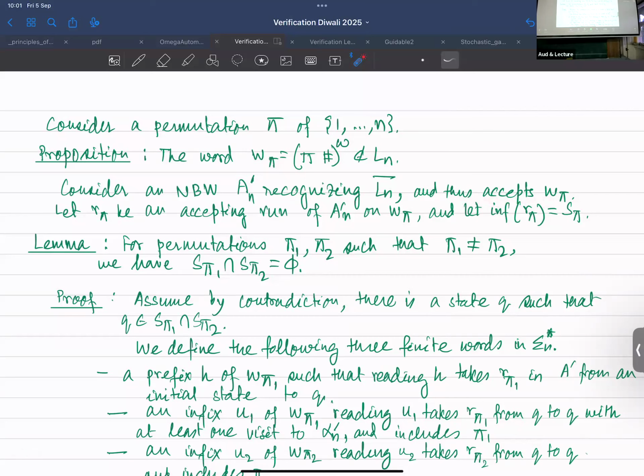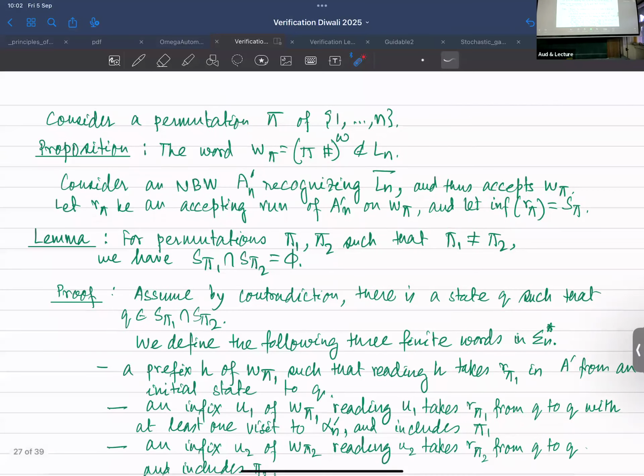What is W pi? Again, pi sharp omega, where pi is a permutation from 1 to n. So An prime should accept this because this does not belong to ln. And let R pi be an accepting run of this complement automaton that we are trying to construct on W pi.